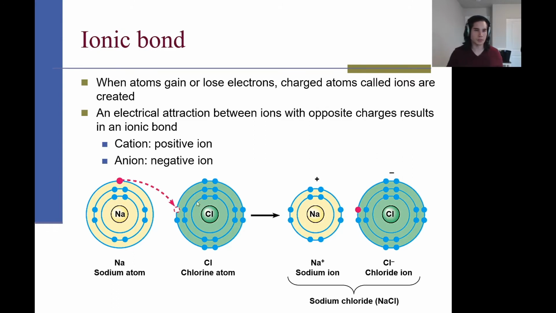All right, now we'll talk about ionic bonds. When atoms gain or lose electrons, charged atoms called ions are created. So remember, your atoms have the tendency to fill up or remove their outer shell.